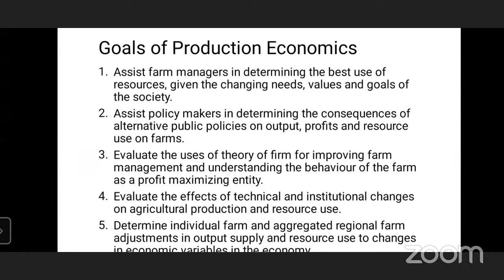Then different technical and institutional changes, like when we come up with new machineries, new enterprise relationships, what are its effects? Similarly, at an individual level we can see what the minor changes are and how they are affecting farm resources, which is referred to directly as partial budgeting.